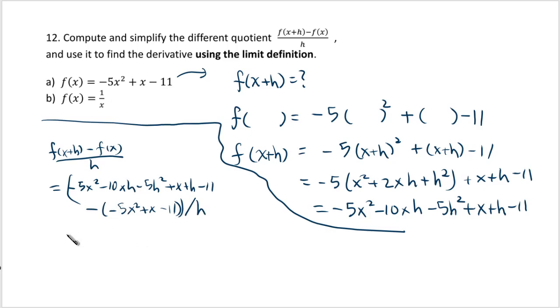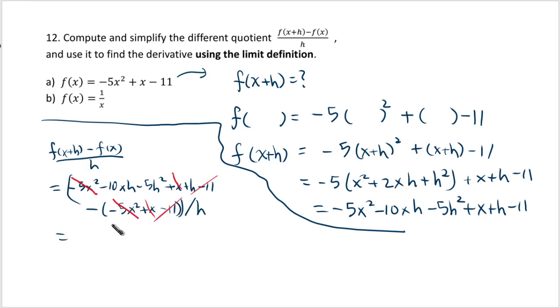Now if you look closely, you'll see that there are common things between these two, so that means you can cancel things, okay? So you can cancel negative 5x squared with negative 5x squared, you can cancel x with x, and you can cancel negative 11 with negative 11.